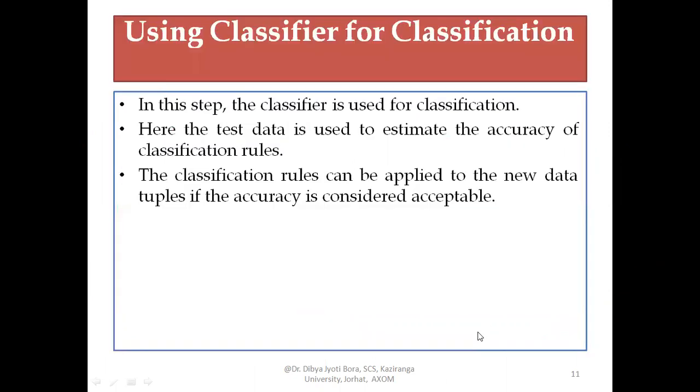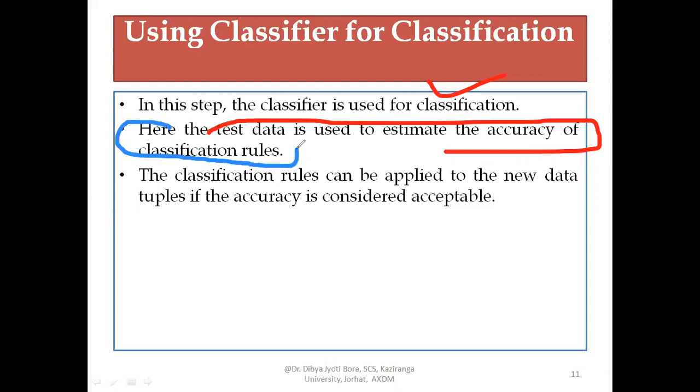Now, we use this classifier for classification. The test data is now used to estimate the accuracy of the classification rules. Now, the classification rules that we derived with the help of the classification algorithm, where did we derive them from? This question may also come.